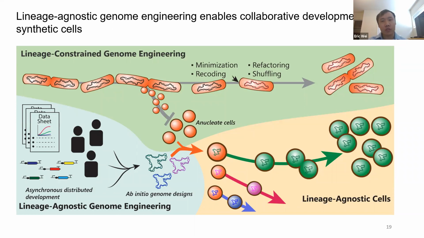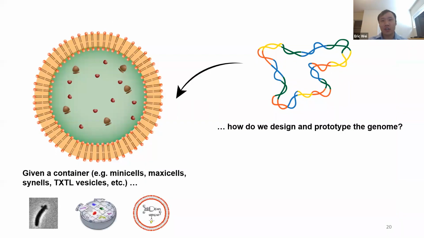But of course, I'm definitely not prescribing that minicells are the best way to fully realize the synthetic cell. But if you have minicells, you have the possibility of using a system that may not be fully understood.